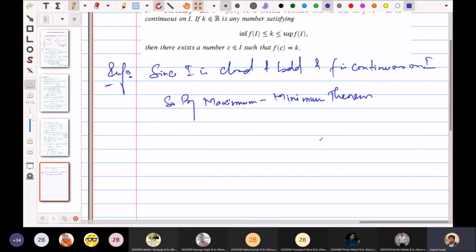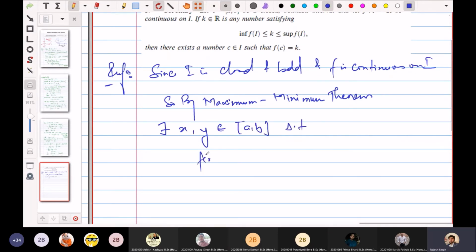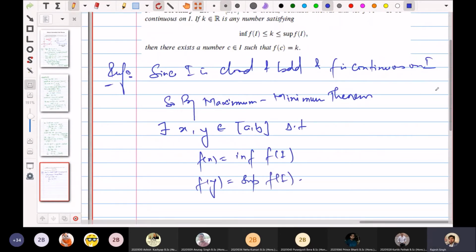Every continuous function on a closed and bounded interval attains its bounds. So by the maximum minimum theorem there exist x and y belonging to [a,b] such that f(x) is equal to infimum of f(I) and f(y) is equal to supremum of f(I).